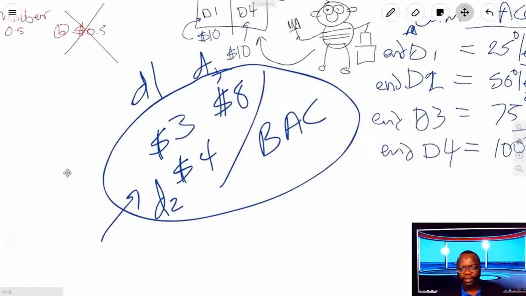PV on day 1 is 3, PV on day 2 is 4, and PV on day 3 is 8. What is the plan? What is the BAC? That is the question. What's the answer to the question?